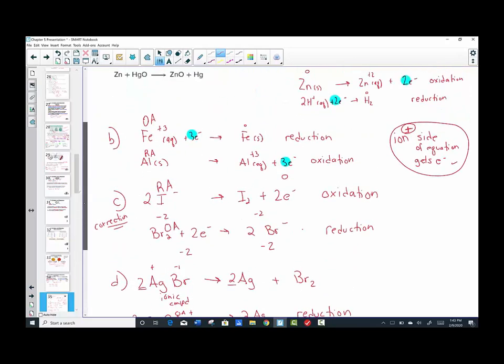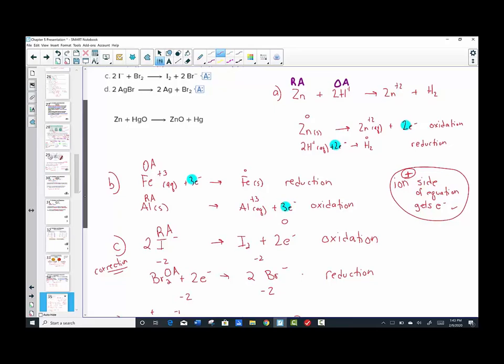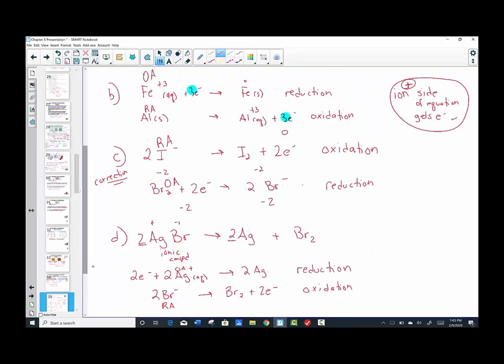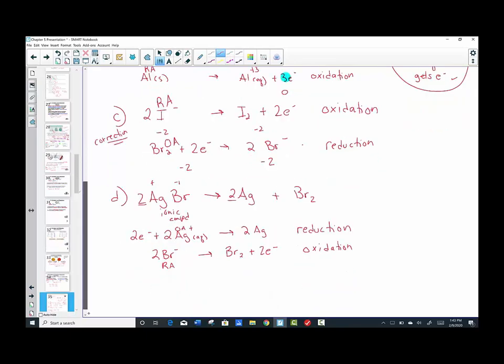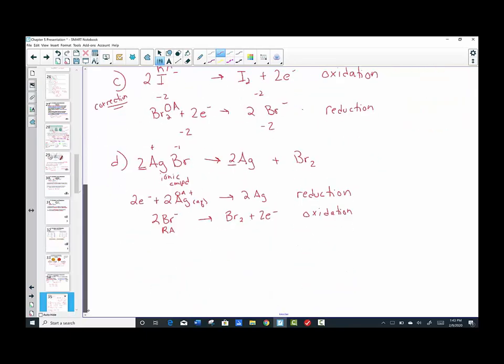And one more, we had zinc and mercury oxide. Let me get that down here. Zinc plus mercury oxide, and it went on to form zinc oxide and mercury. I want you to notice that the oxide did not change charge.